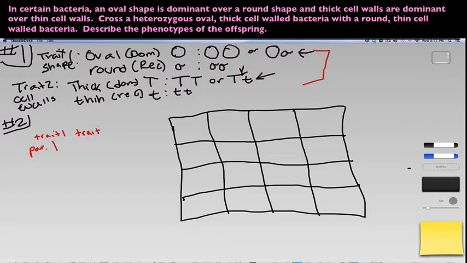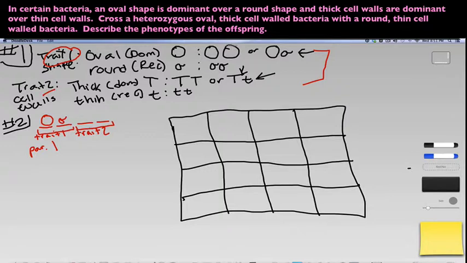So you need to make sure you put them both in there. So if it says our parent one is heterozygous oval, that means for trait one, which was shape, they're heterozygous oval, so big O, little o, and they are heterozygous thick cell walled for trait two.